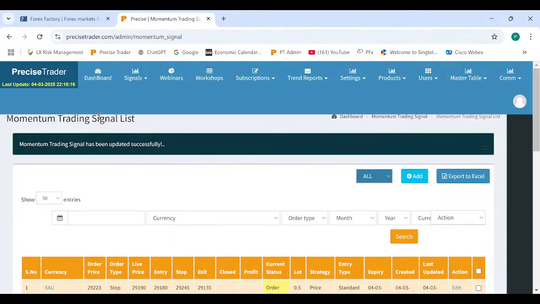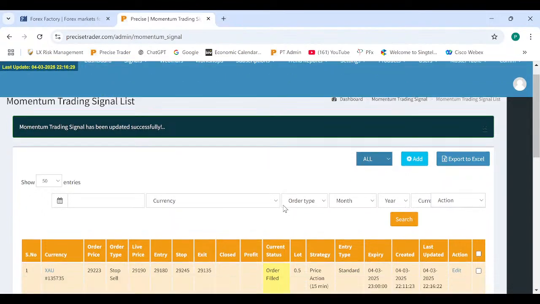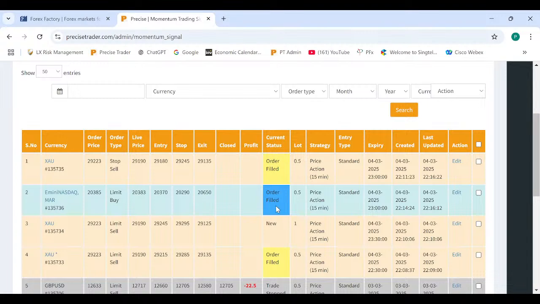Sorry. Okay, I repeat. Our Nasdaq is filled, and the gold stop sell is also filled. Since the gold is already filled, the first one, the stop loss, we would try to bring it lower to 5 half.